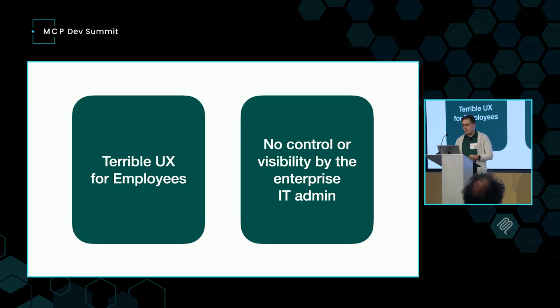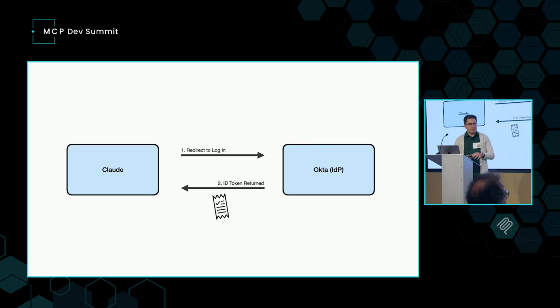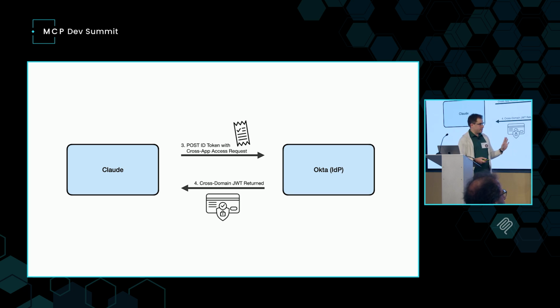So what this would end up looking like is the normal, now extremely abbreviated flow of logging in through the IDP, getting back this ID token. This would be the first thing you do when you log into the Claude app. Then for every connection that it needs to another application, Claude can post back to the IDP, again back channel, server to server post, no user, no UI involved.